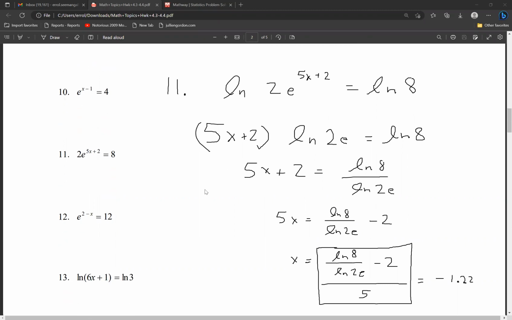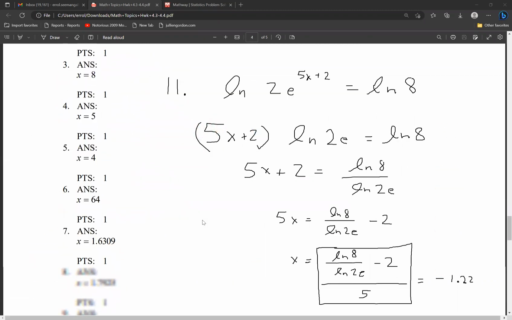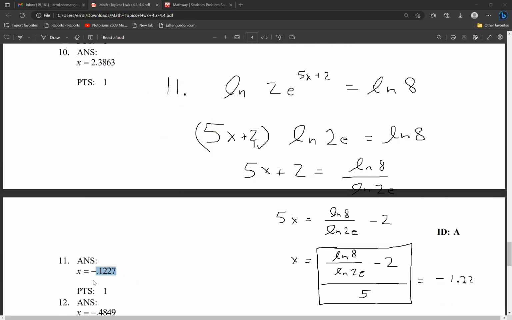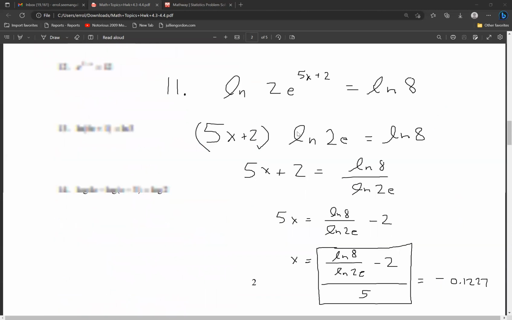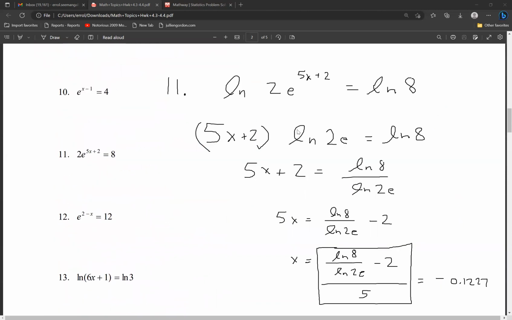Okay, that's 11. Oh, no, it's not 1.22. It's negative 0.1227. Okay. It's just a matter of entering it in your calculator in the right order. All right, that's 11.